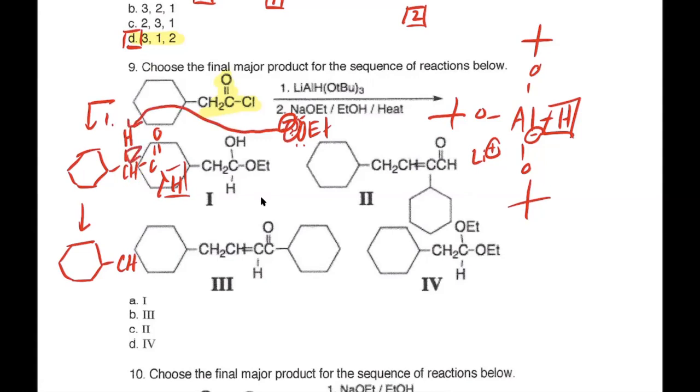You can draw the different resonance structure for this, what's going to be called an enolate, but here we'll just keep it simple by putting the lone pair on the carbon. Okay. So what we formed here is a strong nucleophile.